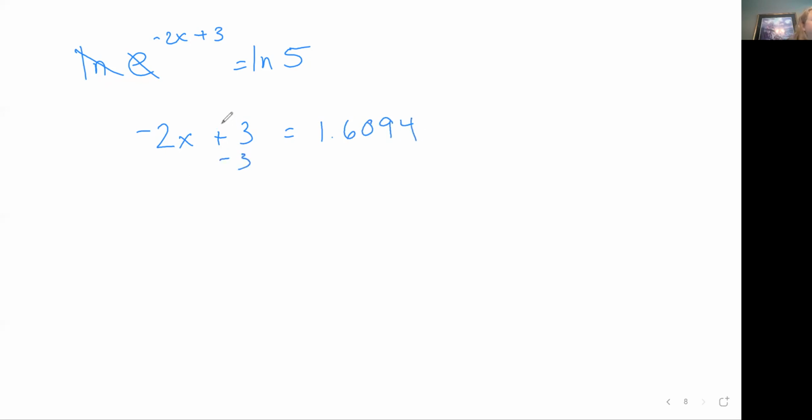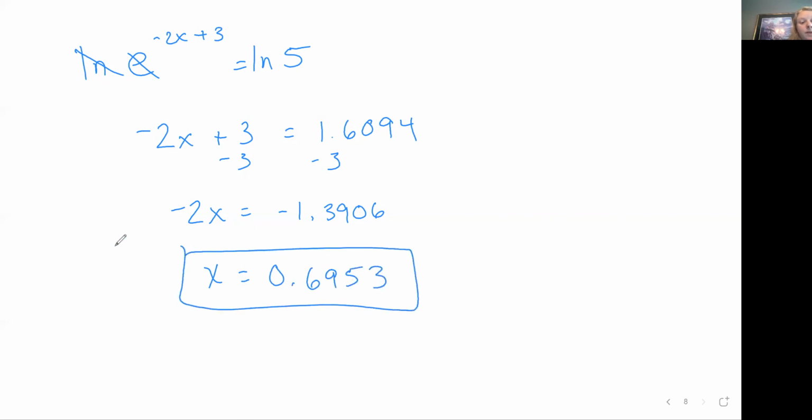Subtract 3. And divide by negative 2. Okay. So if the base was e, we took the ln. If the base was 10, we took the logarithm.